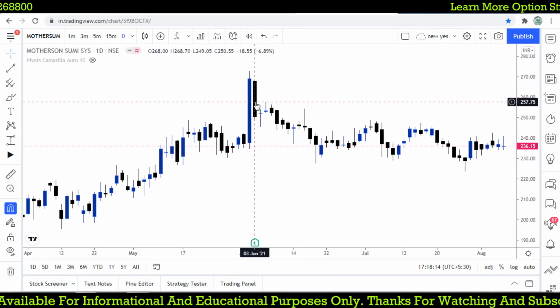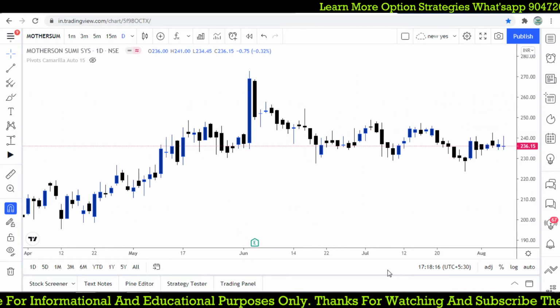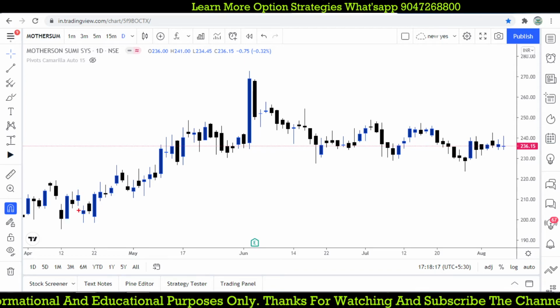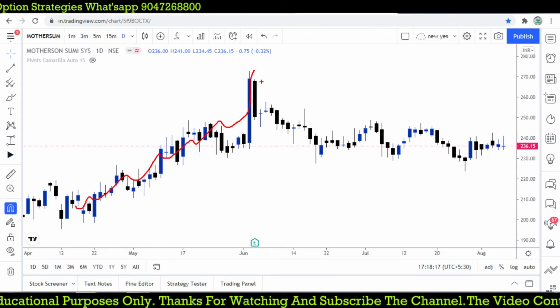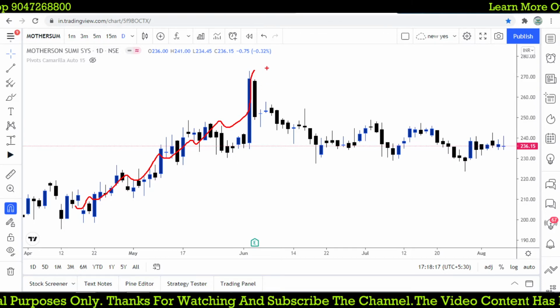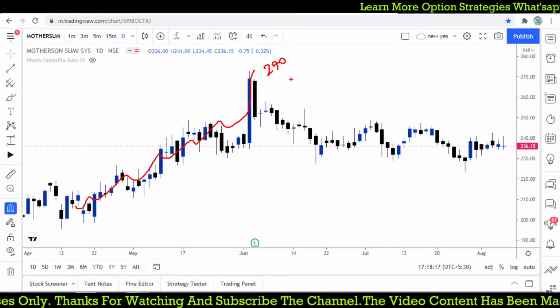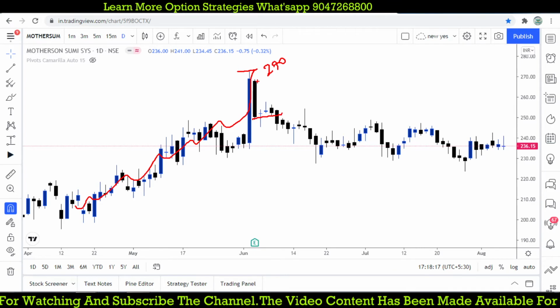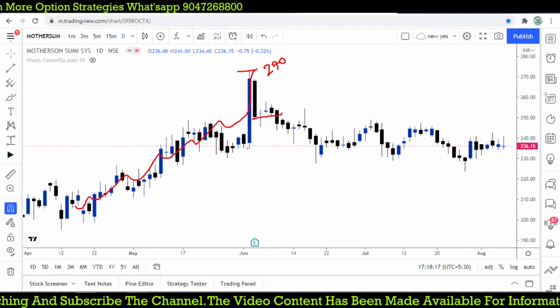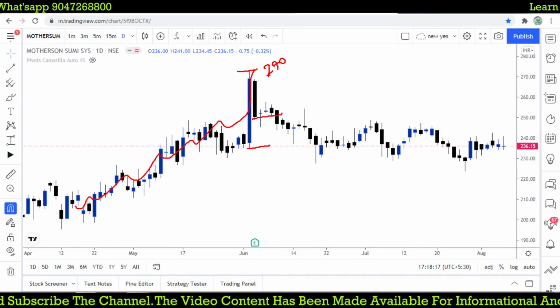So the big candle, the market previously started moving up from the low of 210. The market started moving and reached 270 as the top, right? If you are focusing on this candle as a sell, this is your stop loss, but we are ignoring this, and this is your entry and that is your stop loss.